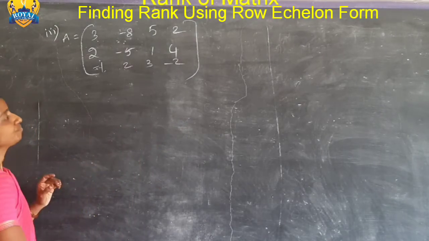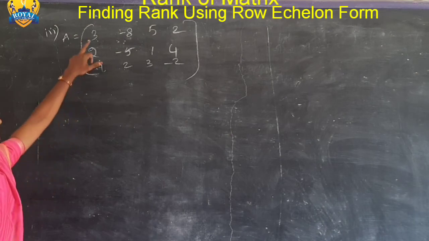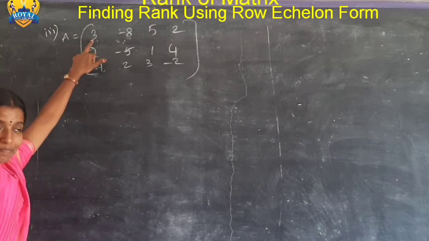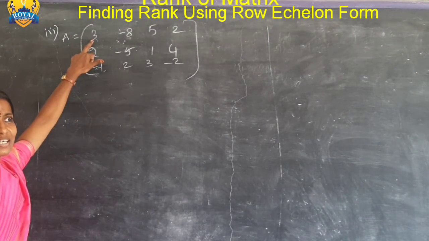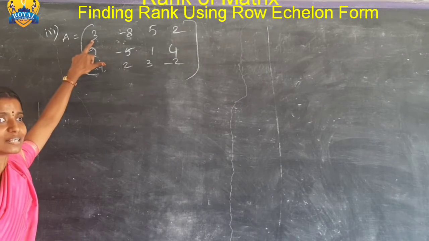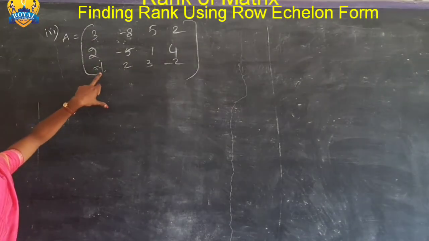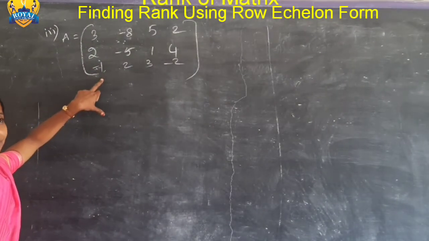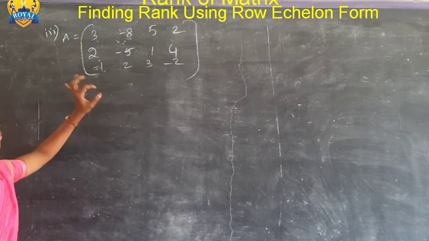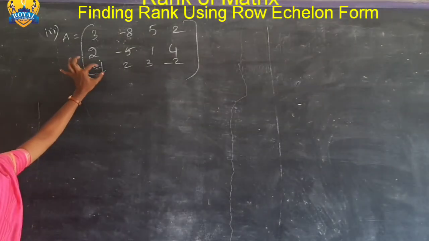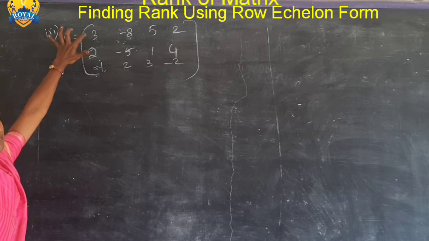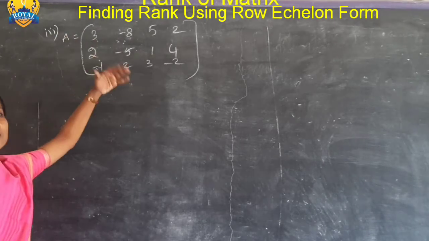Now listen, I have my first row, first element 3. Already I told you we can interchange. Suppose if you have entries like that. So third row, my first element is minus 1. So first what shall we do? We will bring this small non-zero element to the first place. So let us interchange R1 and R3.